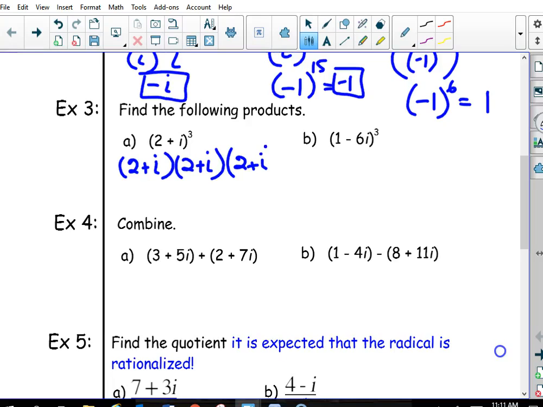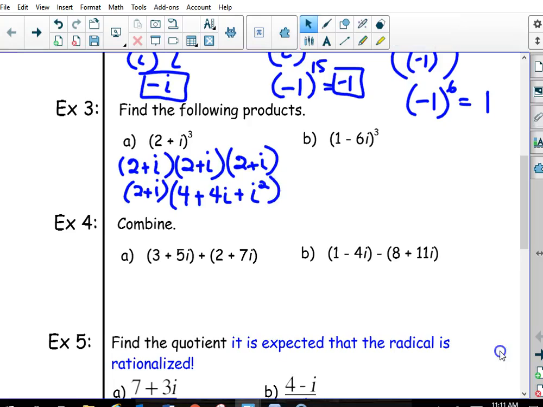Okay, I'm going to square this binomial, so that's 4, and that's 2i plus another 2i plus 4i plus i squared. Look for i squared. It always turns into a -1.